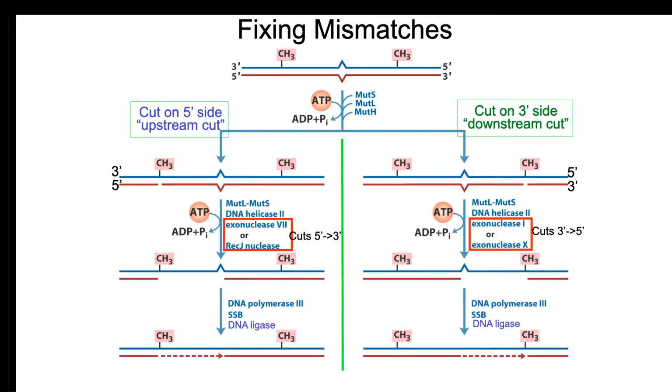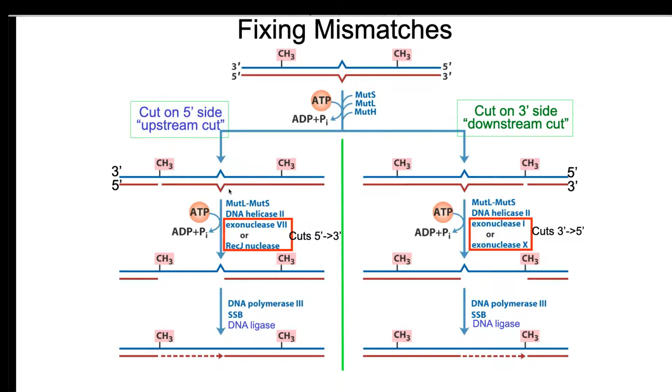Now, depending upon whether that nick had occurred upstream of the mismatch or downstream of the mismatch will depend upon what exonucleases are used. One way or the other, there are going to be a series of exonucleases that chew all the way to the mismatch.